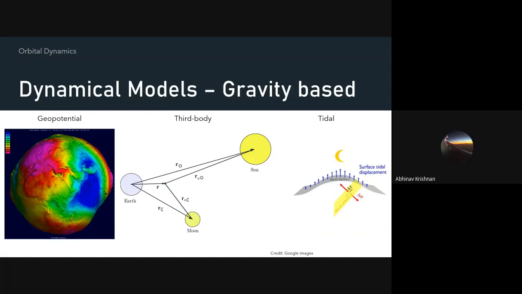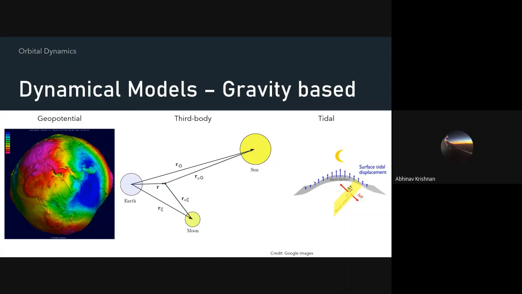Now, I have been talking about dynamical models since the start, and I think that this is very important to understand because this forms the basis of how your object moves in space. Now, to the left, you would see a potato-shaped object. That's Earth. So Earth is neither an oblate spheroid nor a sphere. It's a potato. That's how it looks.